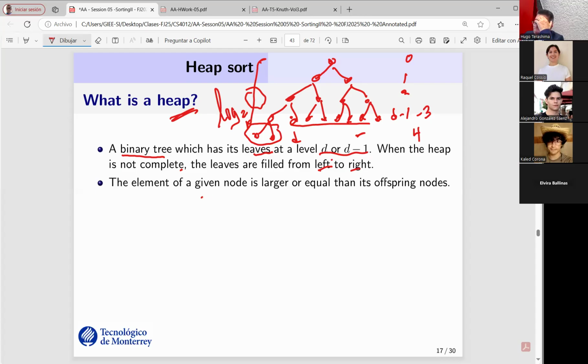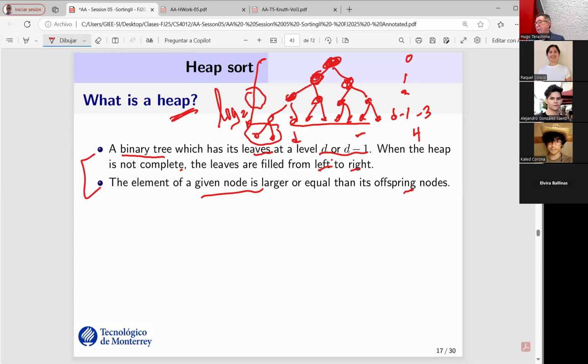The element of this node is larger than the offspring nodes, and this node is larger than these two, and this is larger than these two, etc. So these are the conditions to have a heap, right?